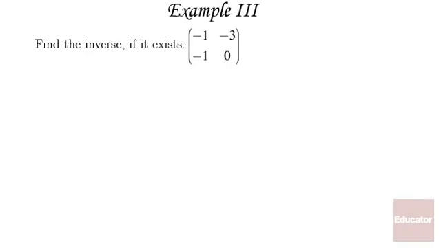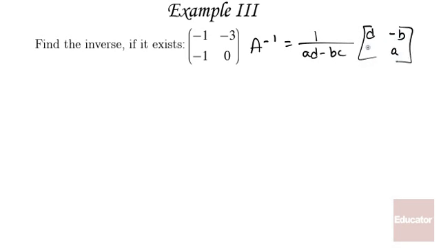Okay. Example 3. Find the inverse if it exists. Using my formula, A inverse equals 1 over the determinant AD minus BC times the matrix found by switching D and A and changing the signs of B and C. So A inverse equals 1 over, this is AD, that's negative 1 times 0, minus BC, minus negative 3 times negative 1.